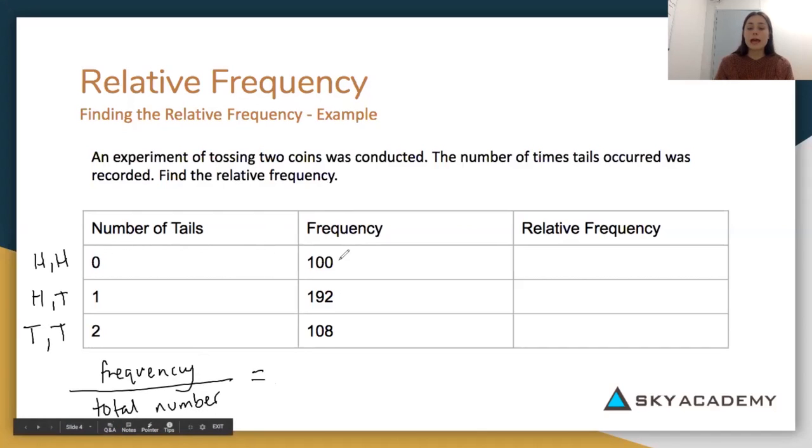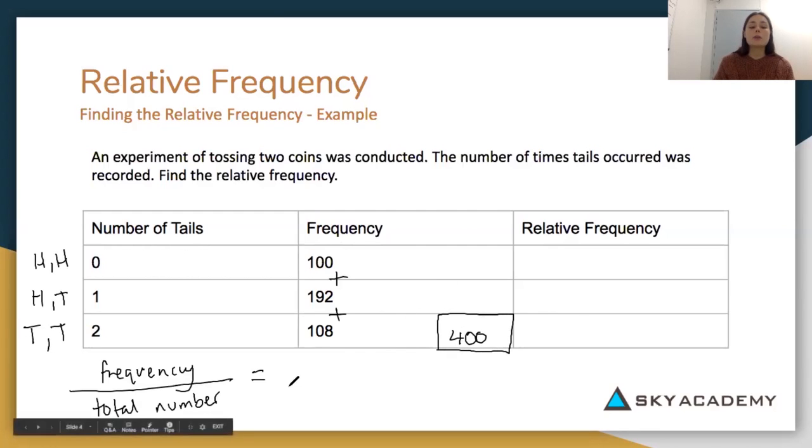To do that, we're going to add 100 plus 192 plus 108 to get the total number of every data point that occurred within the data set. So if we add them all together, we should get the total value of 400. You can just put that in your calculator and you should get 400.